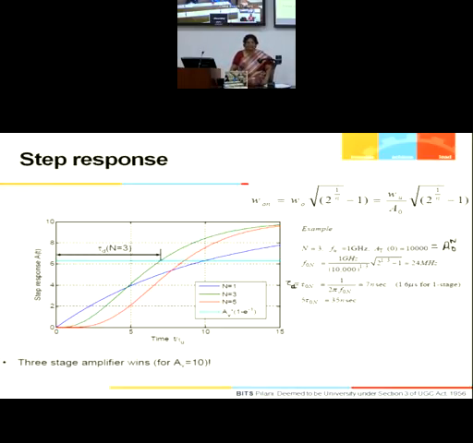I desire an omega naught of the 3-stage series. So from omega naught of the 3-stage, I will take the inverse. That will give me tau for the 3-stage series.